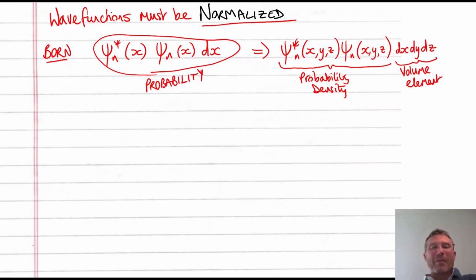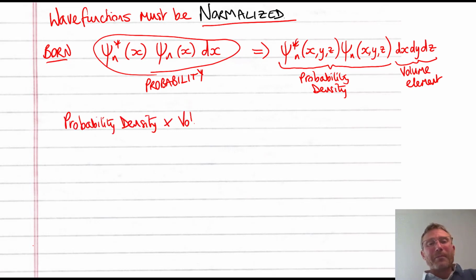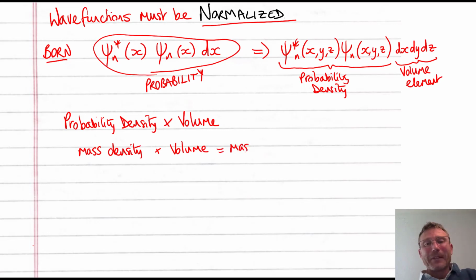And really, when we think about this, a probability density multiplied by a volume, well, that's kind of like saying mass density multiplied by a volume. Well, what's density times volume? Well, it's equal to a mass, right?